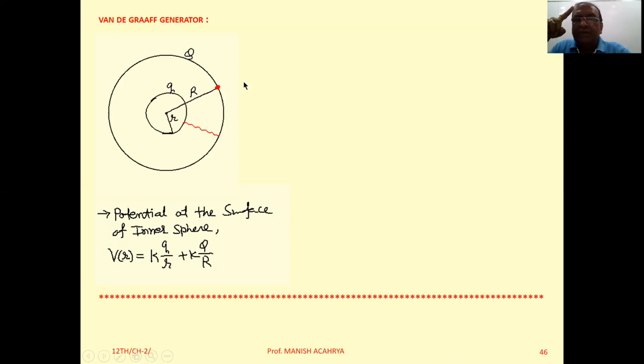But we discussed this thing: at any point inside a charged shell, the potential remains constant and is equal to the potential at its surface. So at the surface of the outer one, the potential is K capital Q by R, and that is constant up to the center.